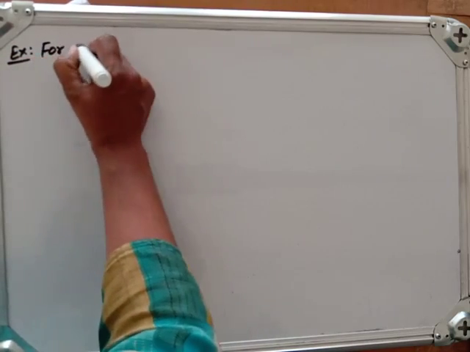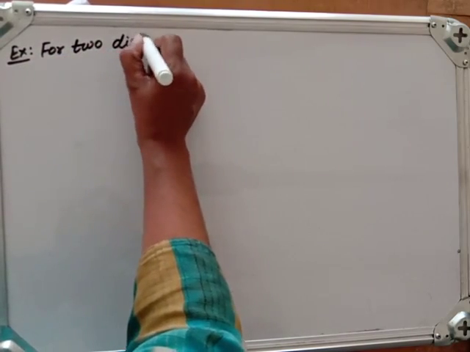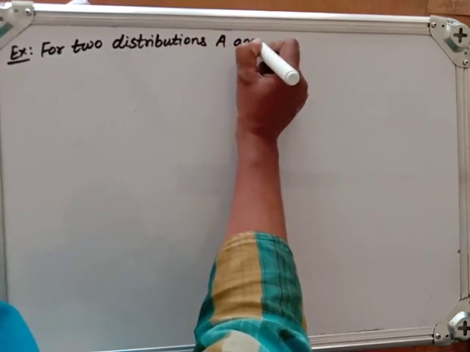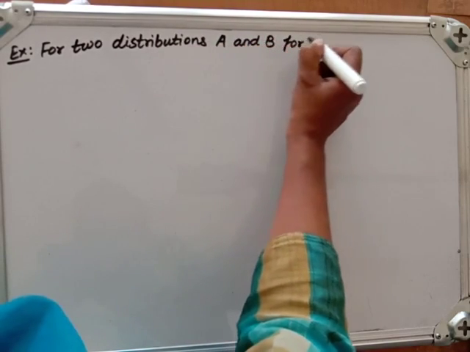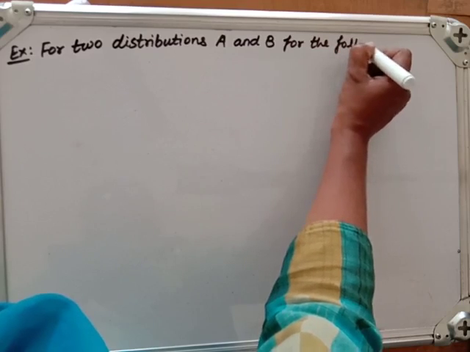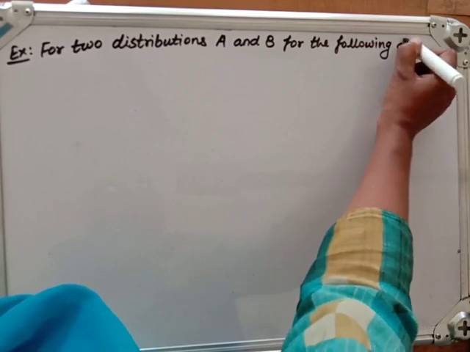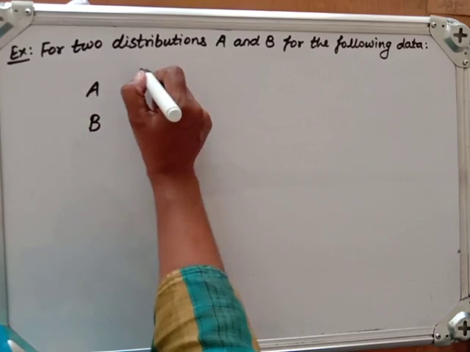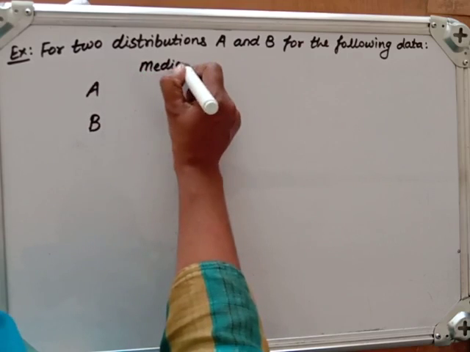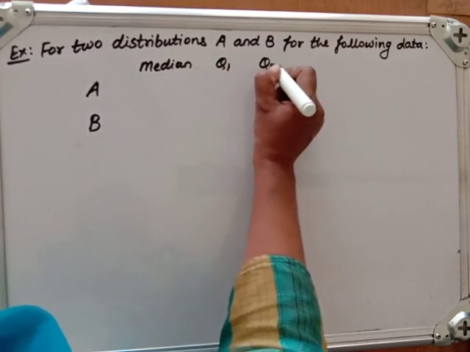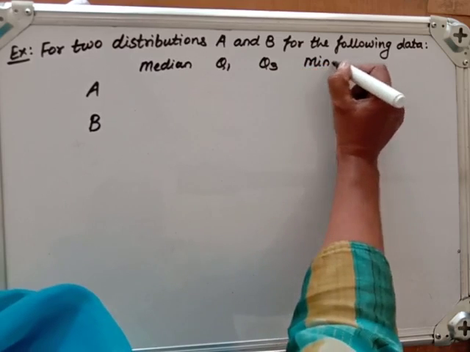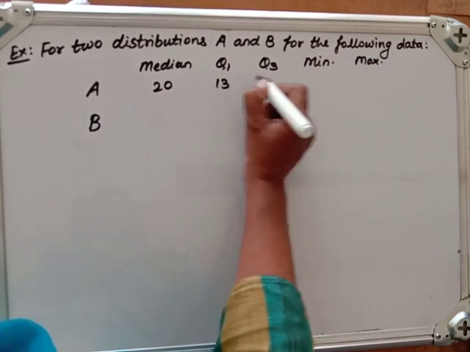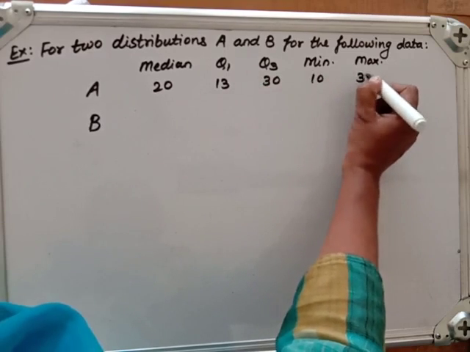For two distributions A and B, for the following data, the median, that is Q2, Q1, Q3, minimum and maximum are given to us. Here 20, 13, 30, 10 and 35.